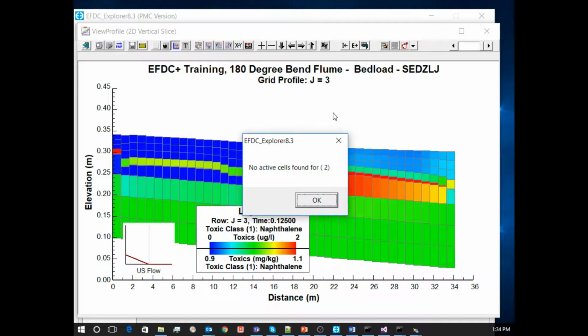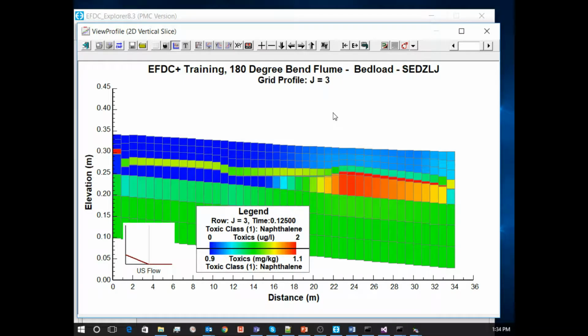Interesting, yeah. So this is the most inner cell or column, or excuse me, row of cells around the bend.